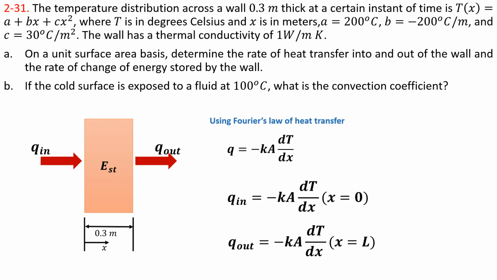Similarly, Q out is the heat transfer at x equal to L, so Q out is equal to minus kA dT over dx at x equal to L. We know the values of k and A, both given in the problem statement. So we have to find the value of dT over dx at x equal to 0 and x equal to L.